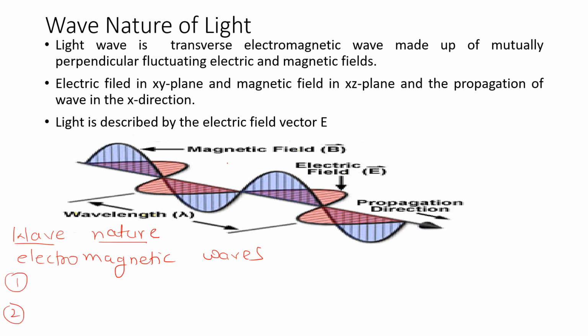What is the first thing? It is the electric field. And the second is the magnetic field. Electric field and magnetic field are changing periodically to produce electromagnetic waves. Those are light waves.